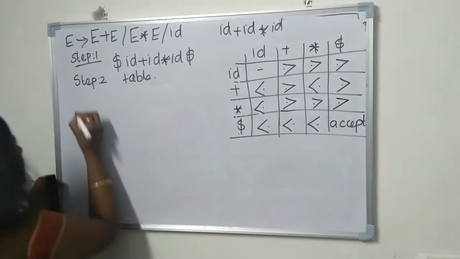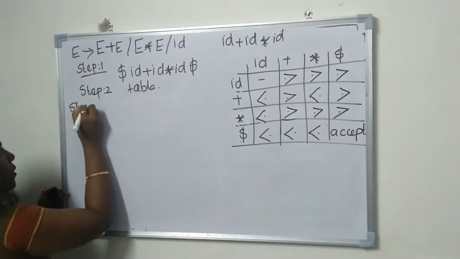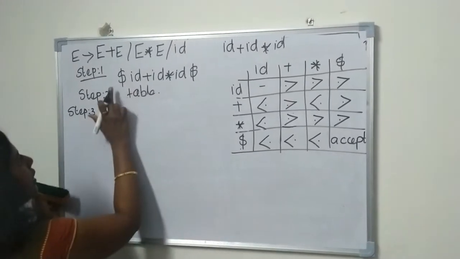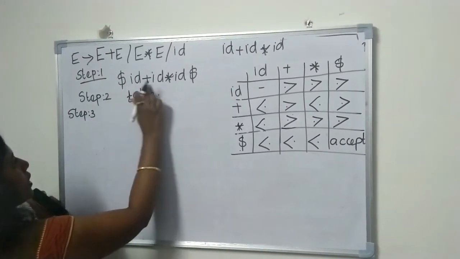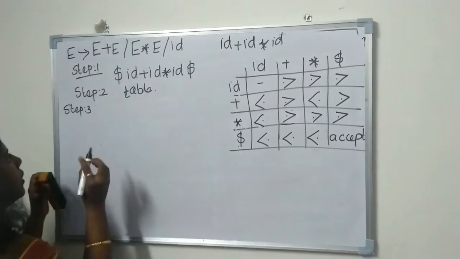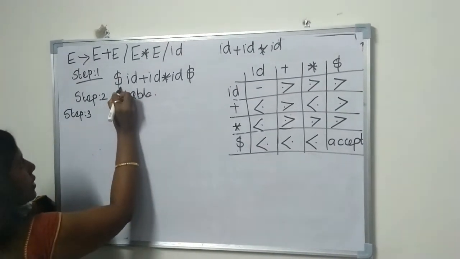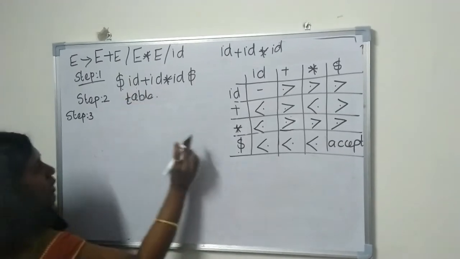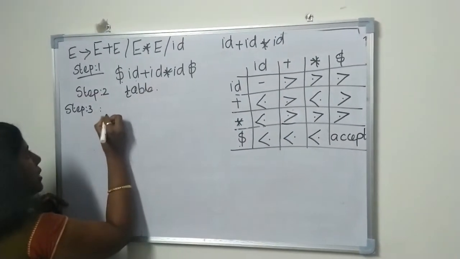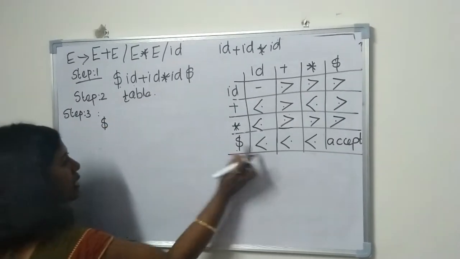Now step 3. We already have this string: dollar ID plus ID star ID dollar. Now you are going to check dollar and ID. For dollar and ID the priority is less than.